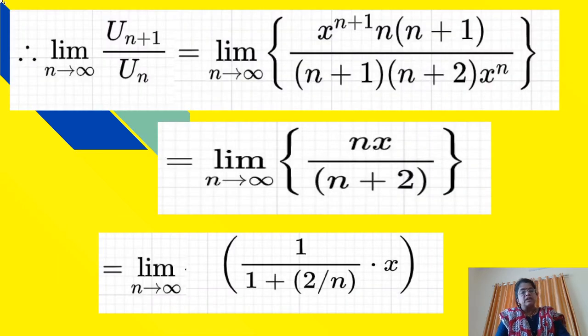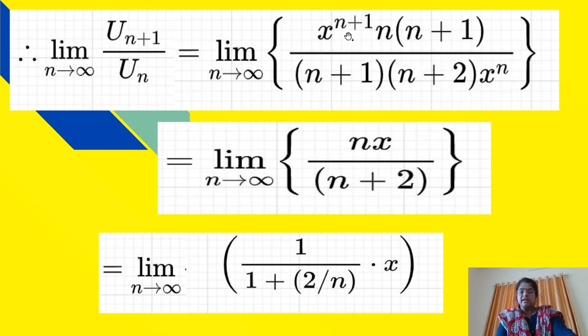Now from un and un plus 1 we will find limit n tends to infinity un plus 1 upon un. By putting both these values, we will get it is equal to limit n tends to infinity x raised to n plus 1 into n plus 1 divided by n plus 1 into n plus 2 into x raised to n.